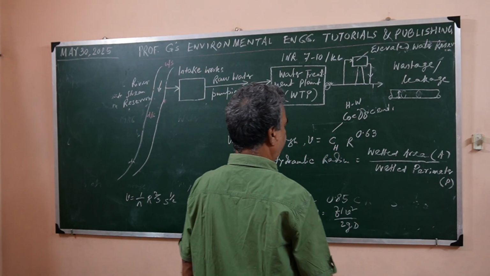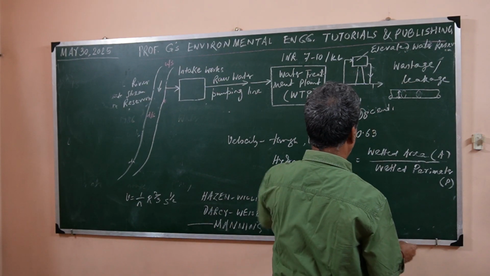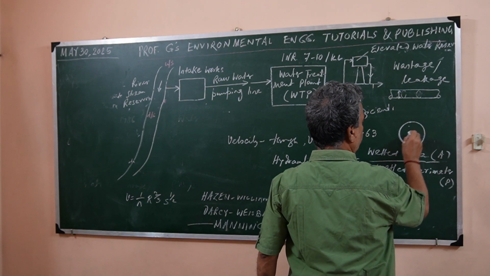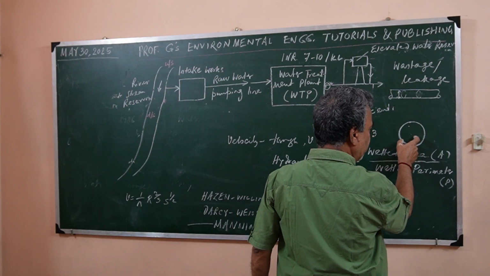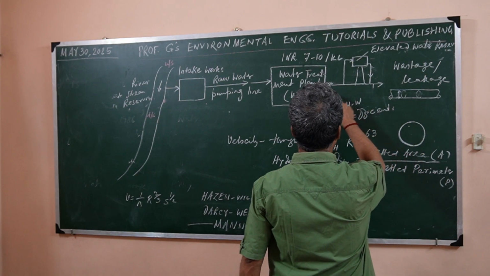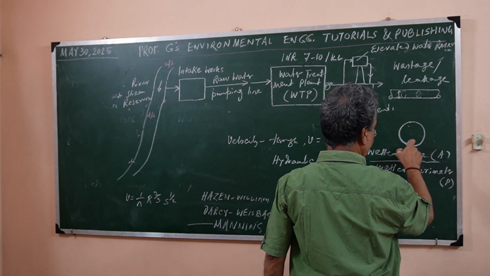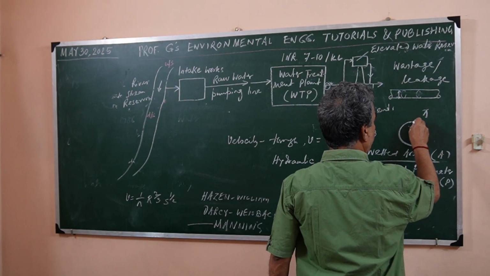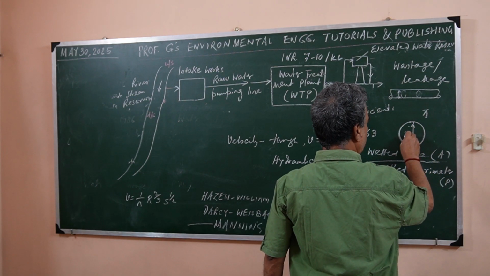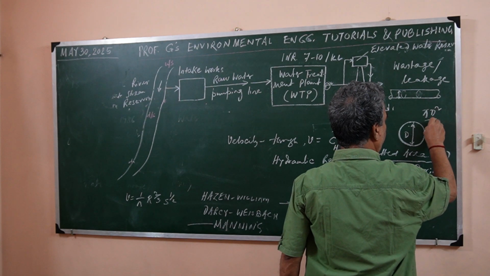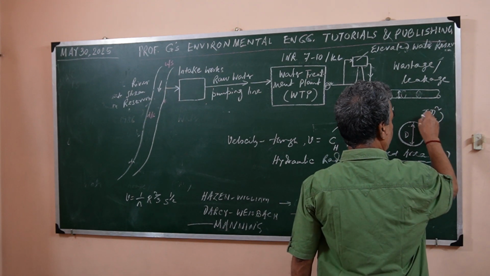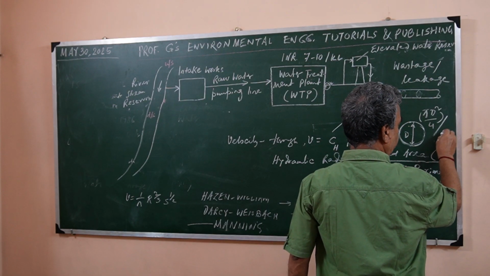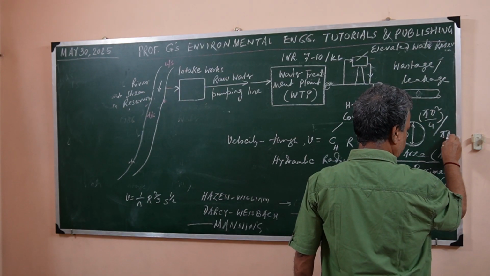Okay, and for a circular pipe, let me just explain this one. So that is a circular pipe, and when it is running full, as is the case in a water supply system under pressure, the wetted area will be pi d square by 4, where d is the diameter. And the wetted perimeter will be pi into d, twice pi r or pi d, right?